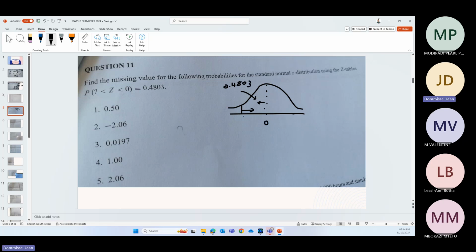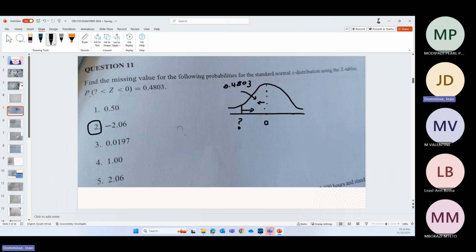Okay, so we don't know what that answer is. But just by looking at these answers, that must be something that is negative. So if I look at these answers, the only one that's negative is option 2.